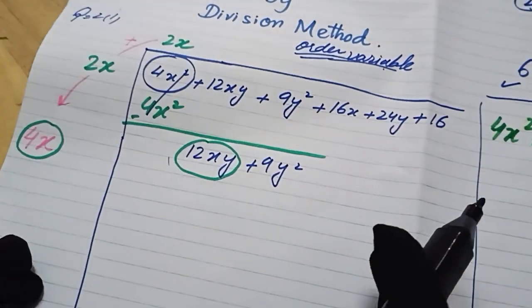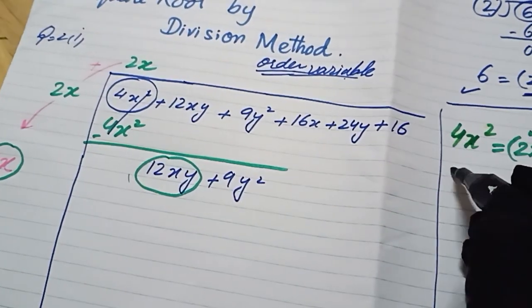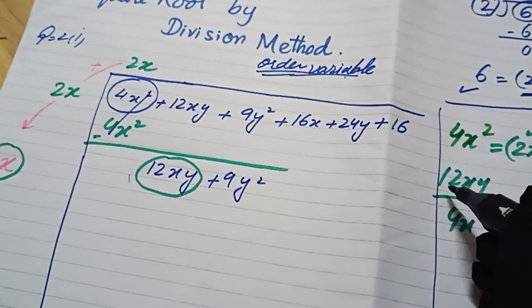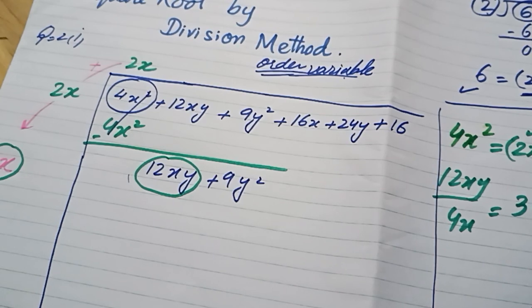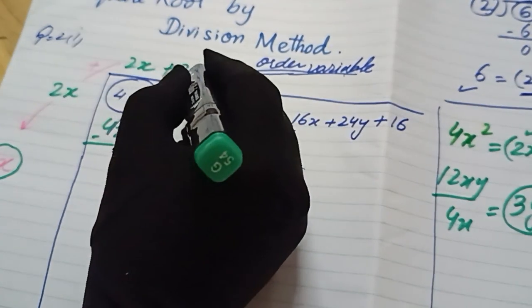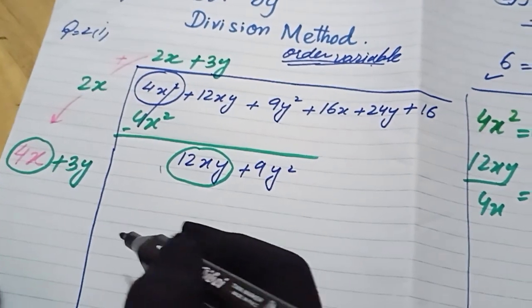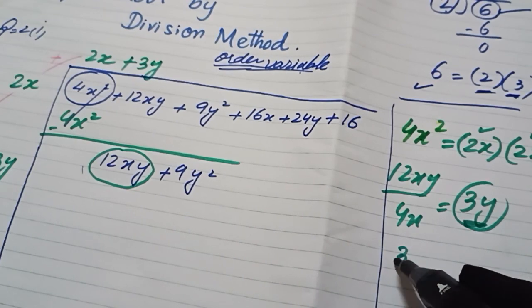Divide first term by first term, like 12xy divided by 4x. So x cancels, 4 threes are 12, and y. So this we will write over here on the top also, plus 3y, and in the divisor portion also plus 3y.